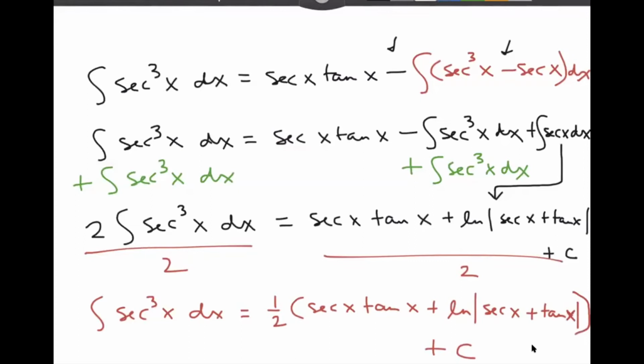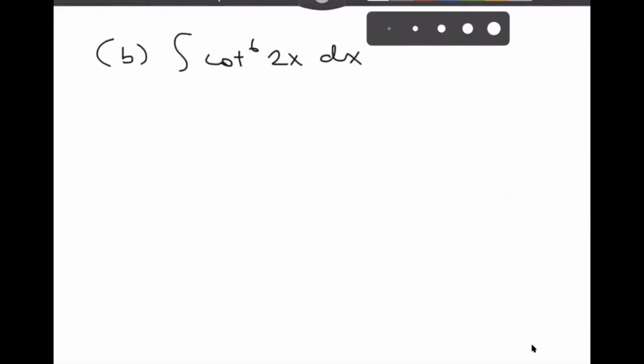All right, I have one more crazy example to show you. And that's this one, the integral of cotangent to the 6th 2x. Now, let me first say that all the tricks that apply to tangents and secants also apply to cotangents and cosecants.